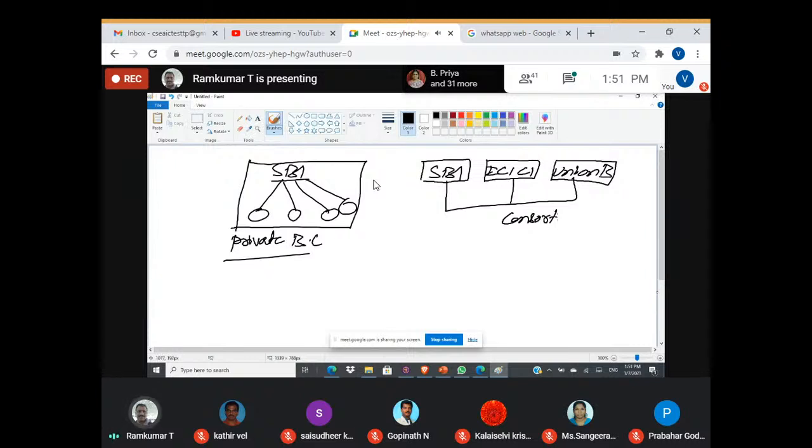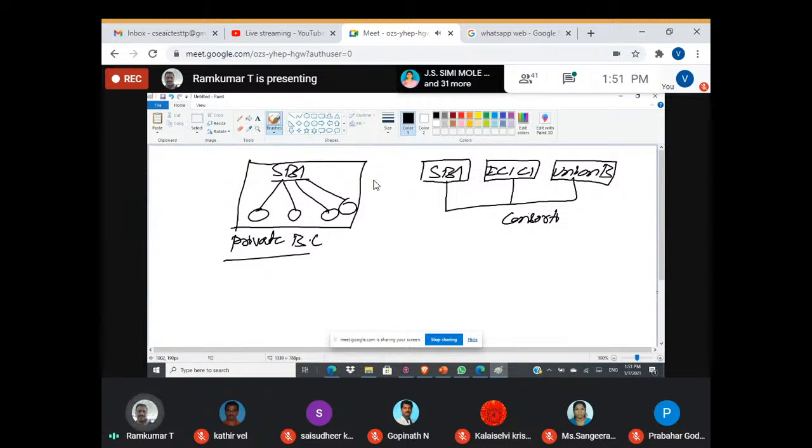Consortium means a group of people. If I'm talking about a private blockchain, it is a single organization. If it's a consortium, it is a group of organizations. If I want to deploy a blockchain technology for various organizations together, then I may call it a consortium blockchain.